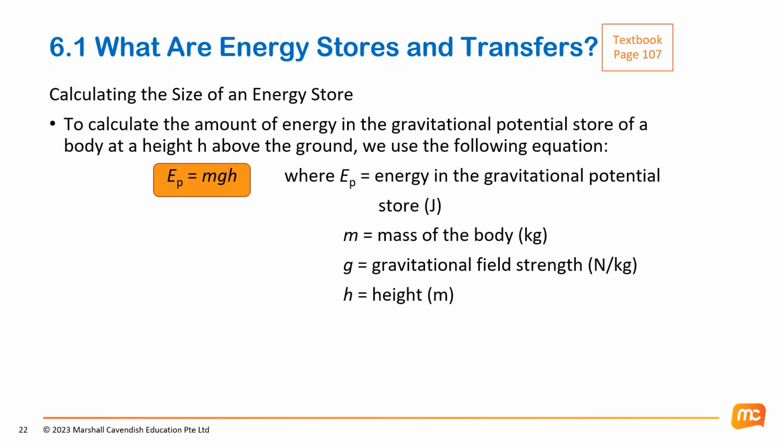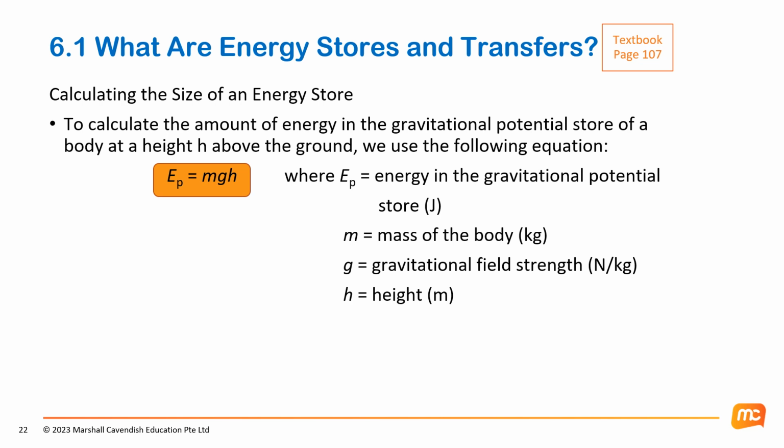Next, for the gravitational potential store, Ep, the potential energy equals mgh: the mass times the gravitational field strength times the height. We have seen g before in our previous chapter on mass, weight, and density. The number here usually is 10 because we are talking about Earth's surface.